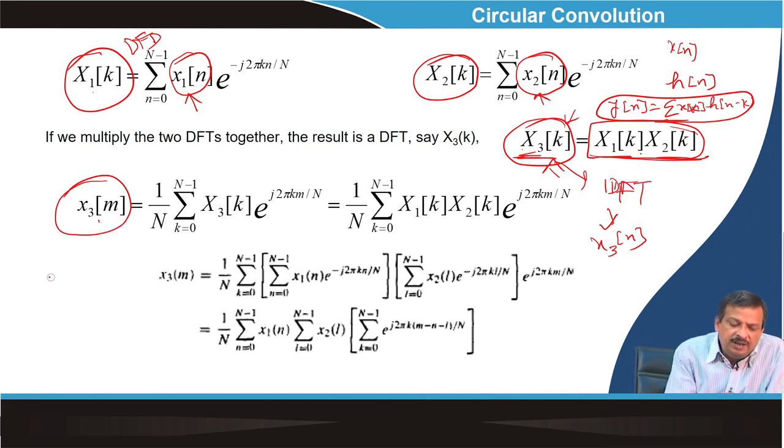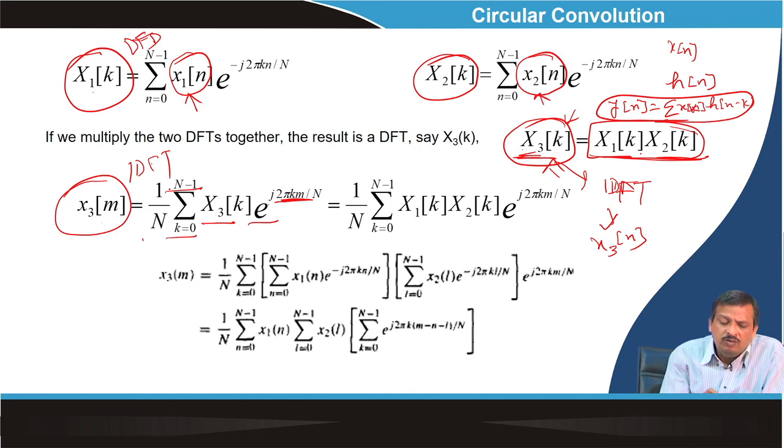So, x3[m] is equal to 1 by N, the sum over k equal to 0 to N minus 1 of X3[k] e to the power j 2 pi k m divided by N. That is the inverse Fourier transform, the IDFT.